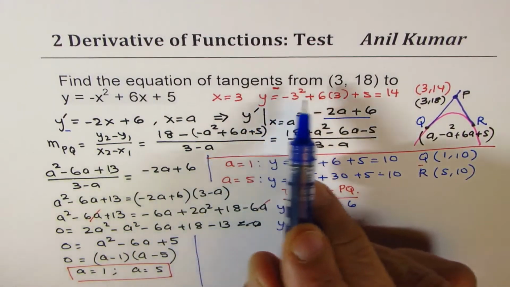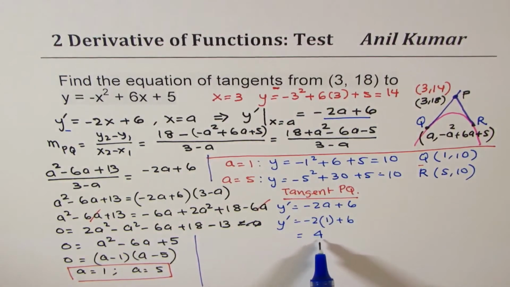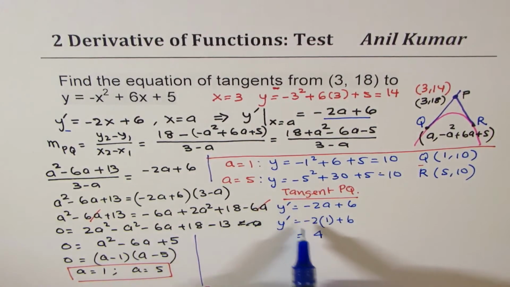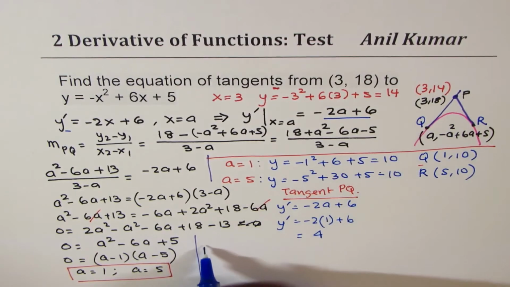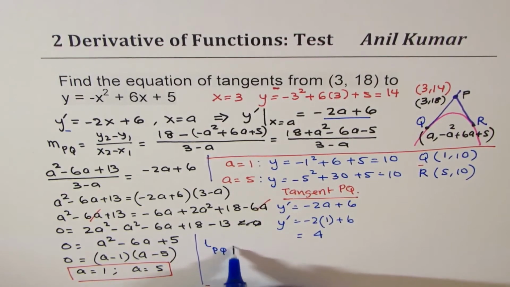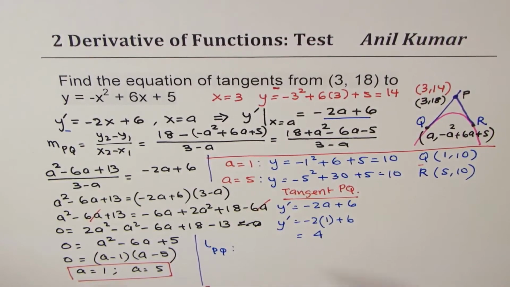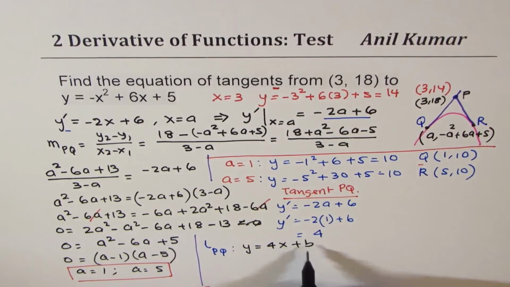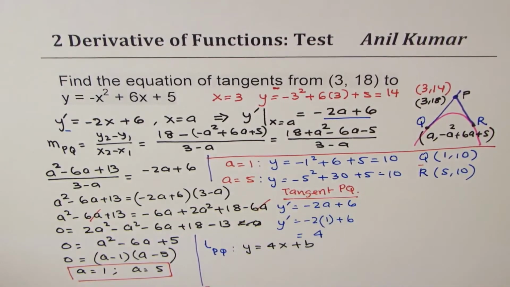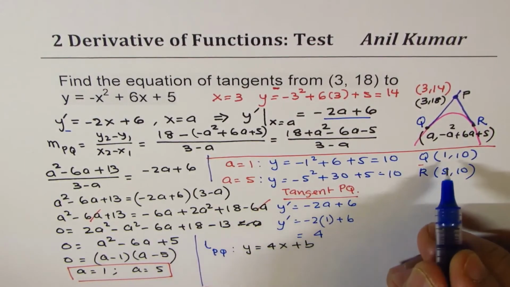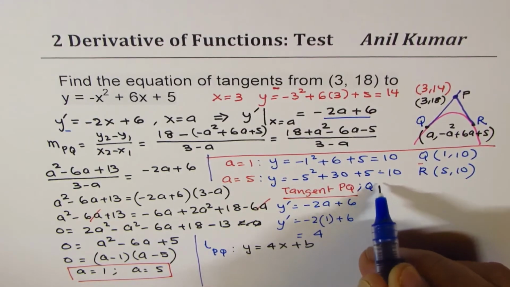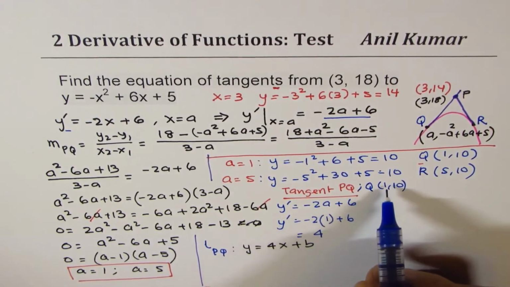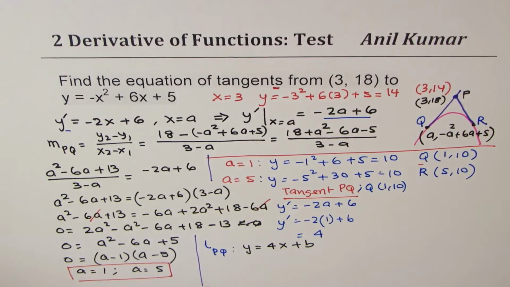So we get a slope of 4, right? Since we have to find equation of tangents from this point, we have slope of 4, and therefore we can write equation of this line PQ. So line PQ can be written as y equals to mx plus b, slope is 4, 4x plus b, and since point Q is (1, 10), I'll substitute 1 for x, 10 for y.